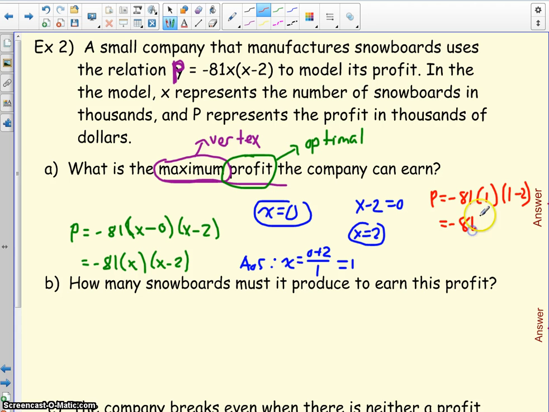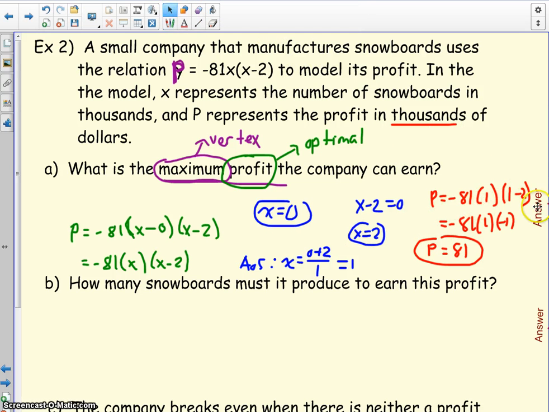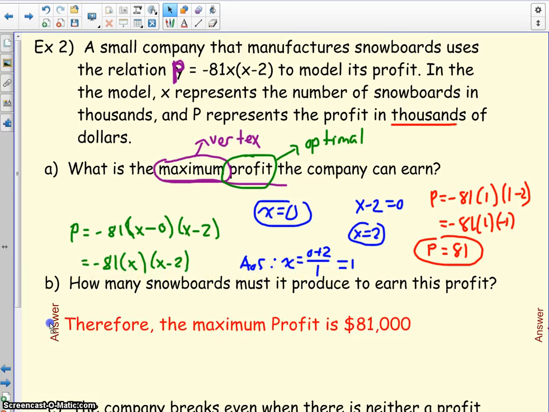So I simplify that, I get negative 81 times 1 times negative 1, so I get 81. Okay, so p equals 81, that's our maximum profit. We did say the profit was in thousands, so that should tell me that my overall maximum profit is going to be $81,000.